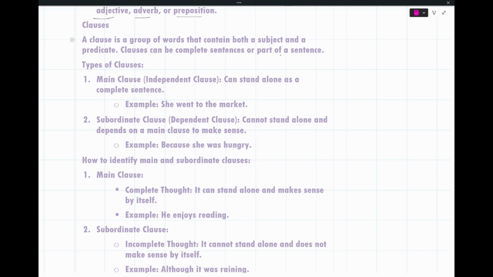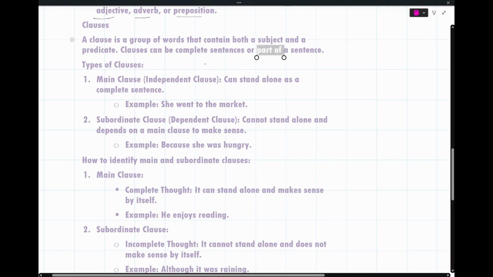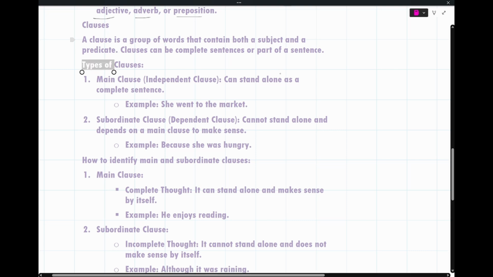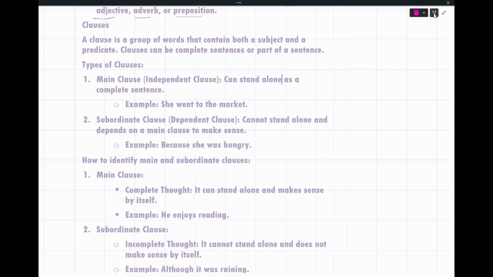Clauses can be complete sentences or part of a sentence. Now what you need to understand is that a clause has both the subject, which is very important, and the predicate. So it has both the subject and the predicate.